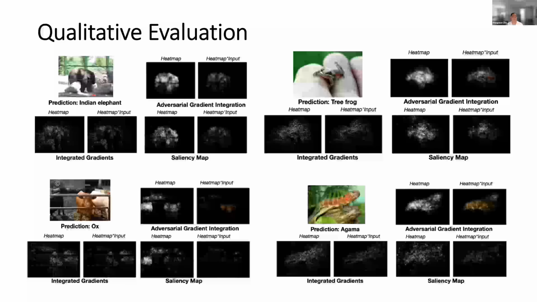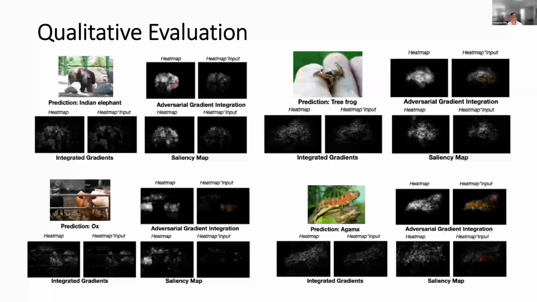So we do the qualitative evaluations. We make sure our approach gives the most accurate explanation. For example, if the target is the elephant, here we have three competing approaches. First is our approach, AGI, and then we have IG, and we have saliency map. With our approach, you can see the features are just like the elephant.